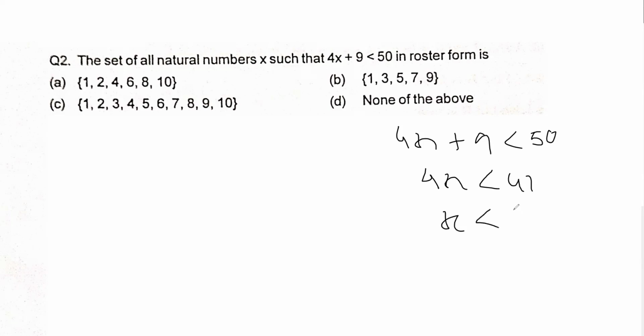So x, 41 divided by 4, will give you 10 and 1 over 4. Now a natural number which is less than 10 and 1 by 4, so 10 can be included. In that case, it is 1, 2, you can say from 1 to 10. So we'll say that C is the correct option for this.